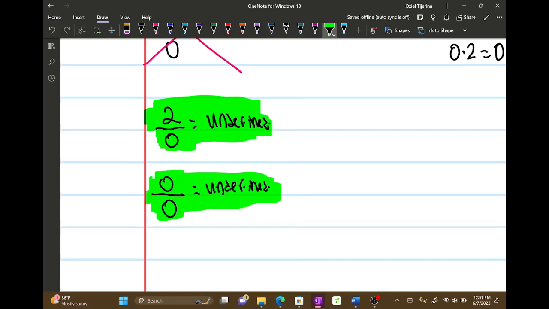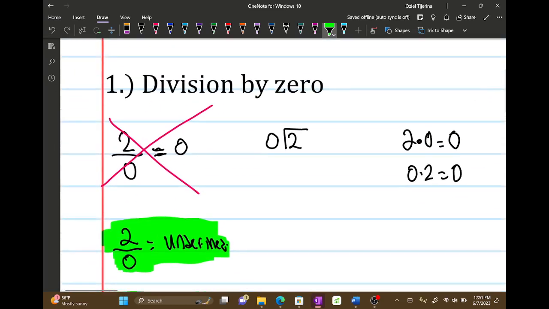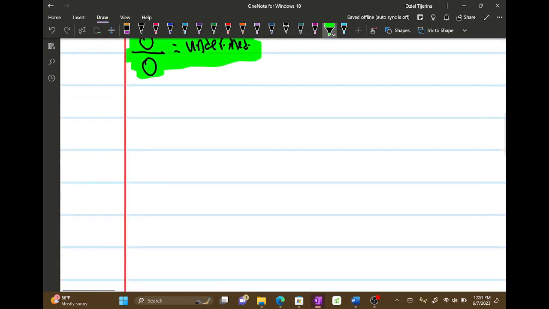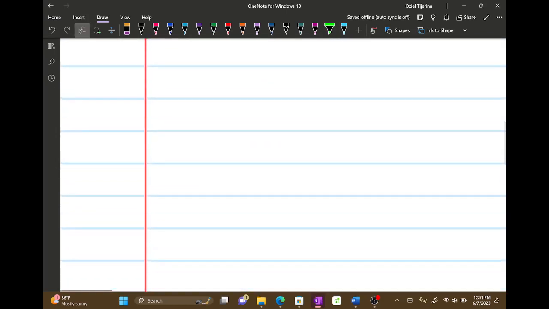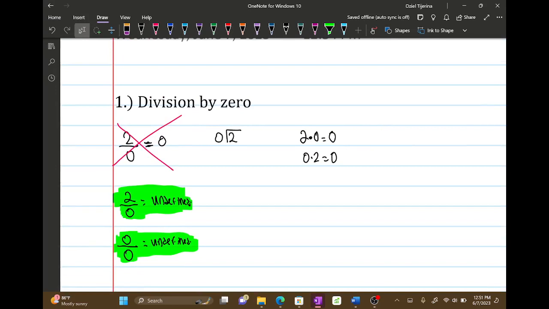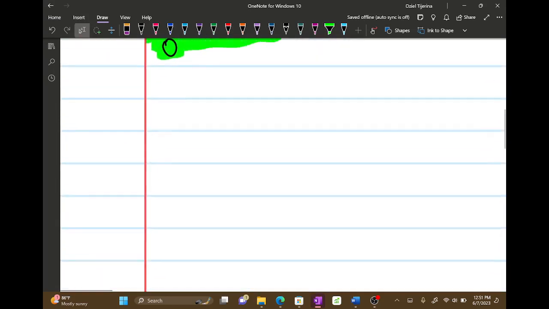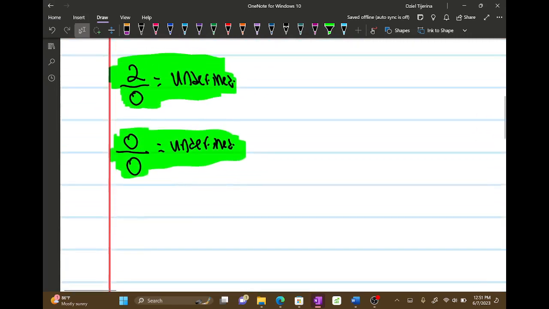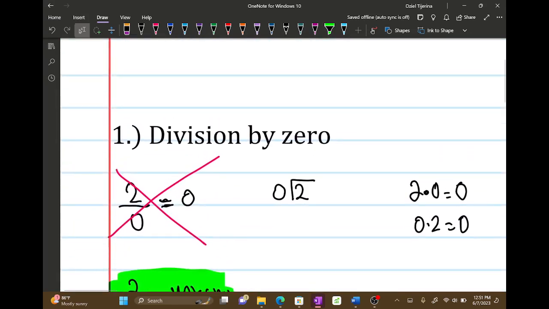Of course, these mistakes that I'm listing drive teachers and professors, if you're in college, crazy. If you make a mistake like this in calculus, your professor's going to be like, oh boy. So we have to remember that division by 0 is not possible.